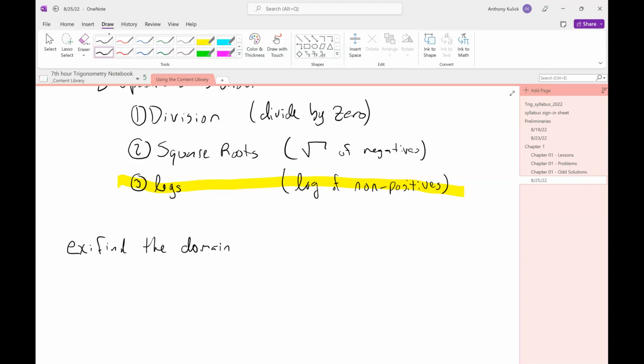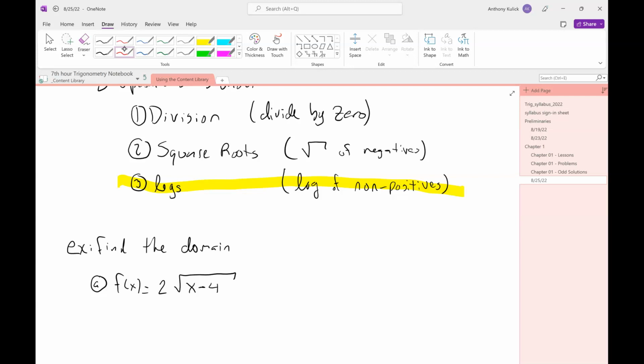Let's do some examples here. Find the domain. So my first function is f of x equals 2 times the square root of x minus 4.